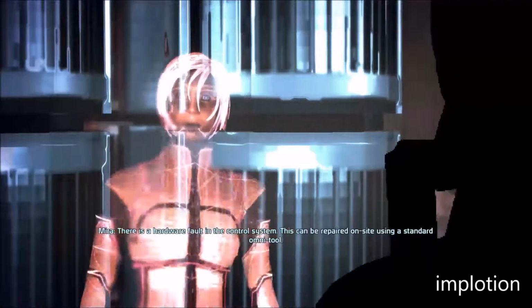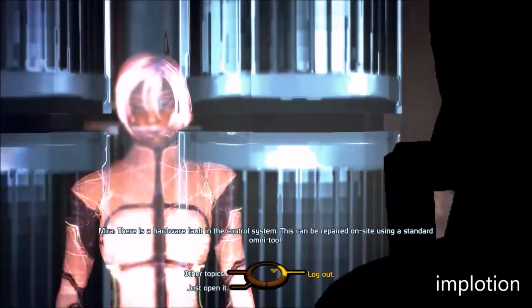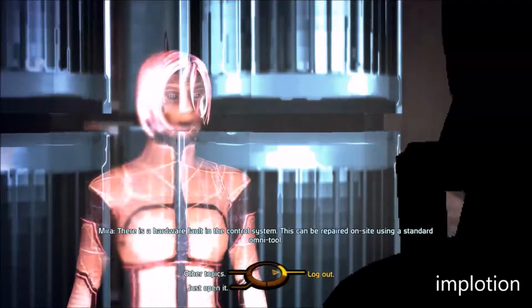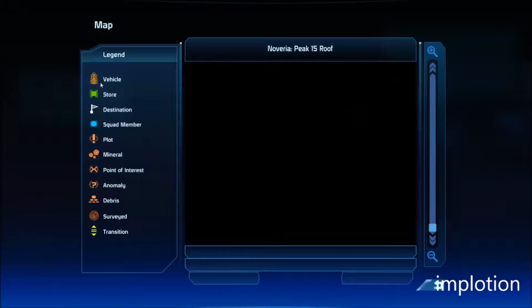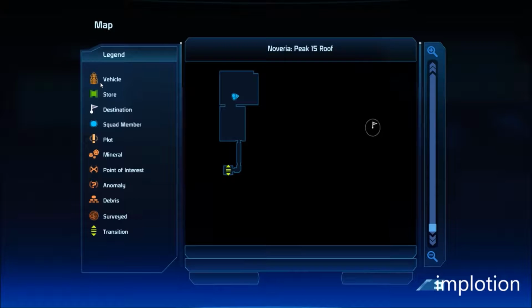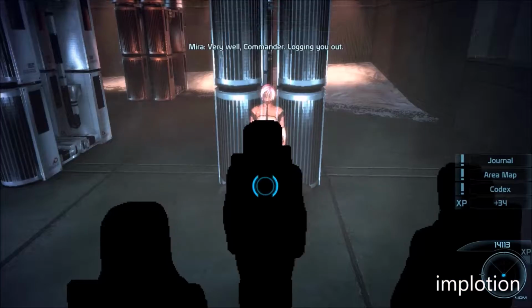What's the problem? There is a hardware fault in the control system. This can be repaired on-site using a standard Omni tool. That's all I need right now. Very well, Commander. Logging you out.